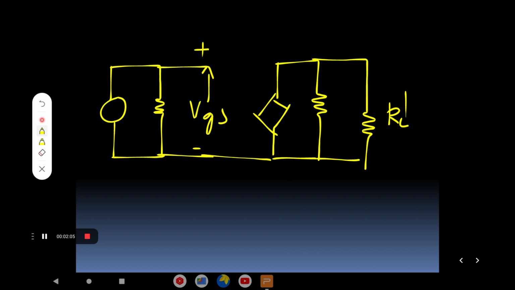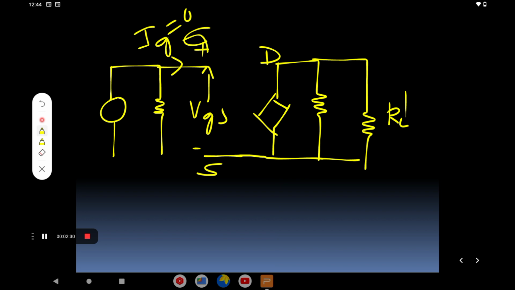But here there is one more small variation that I will add. Up to this one it is very clear, guys, right? So this is the source terminal, this is the drain terminal, and this is the gate terminal. The current IG is equal to 0, so it acts as an open terminal.